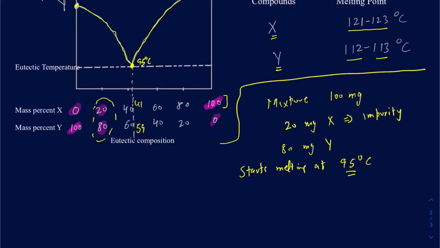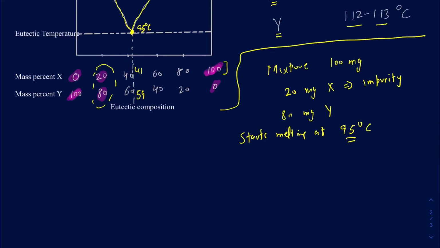Now at 95 degrees Celsius, your X and Y are going to be in equilibrium with their liquid phases. Since your X is the impurity and is less in amount, your 95 will stay there until all the X has been melted. Once all X is melted, you have to figure out how much Y is left over.